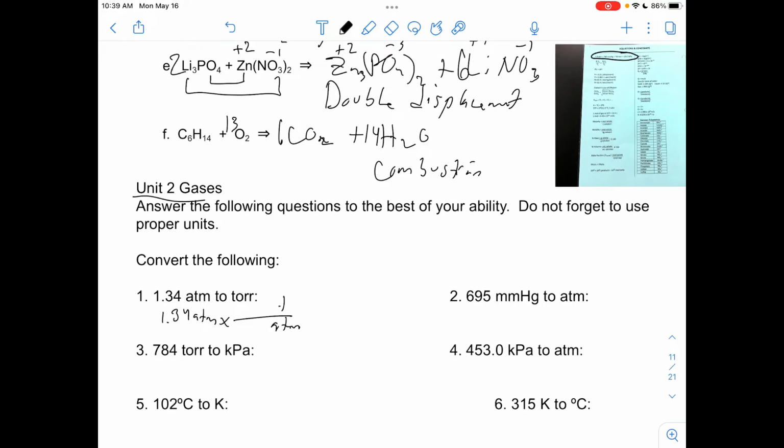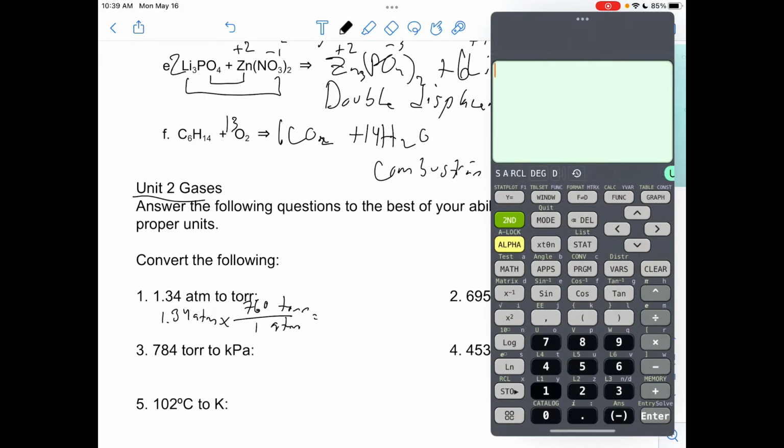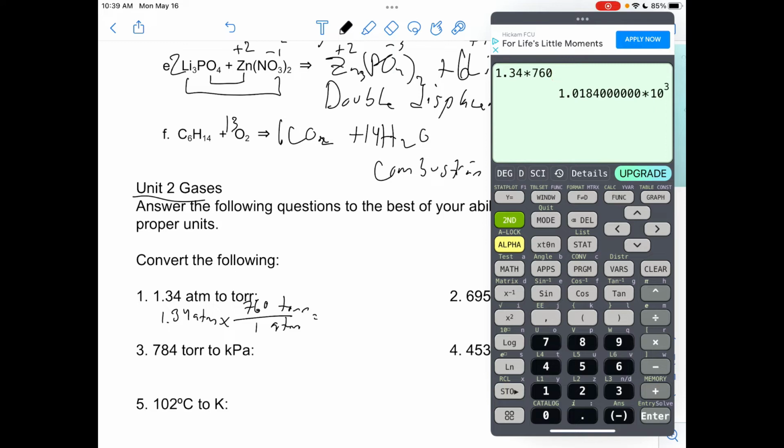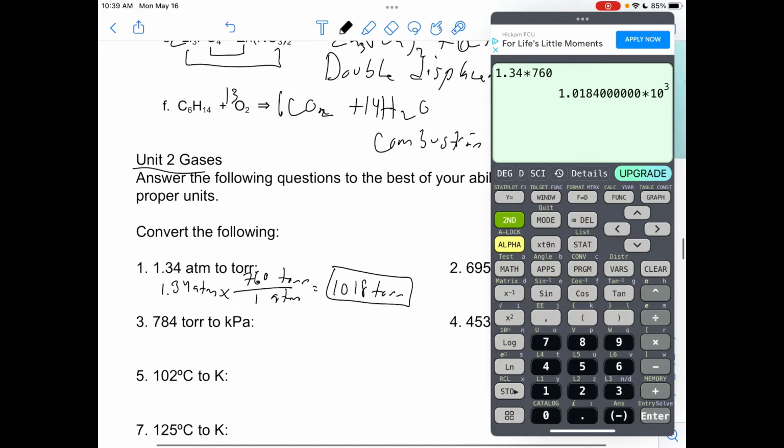And so 1.34 atm atmospheres, converting it into torr. So notice torr is 760 torr per 1 atm. So we're just multiplying it by 760. We get 1018 torr.